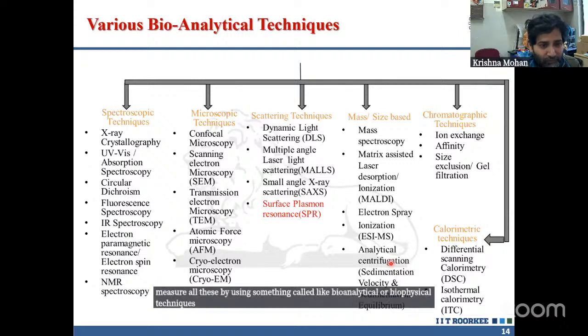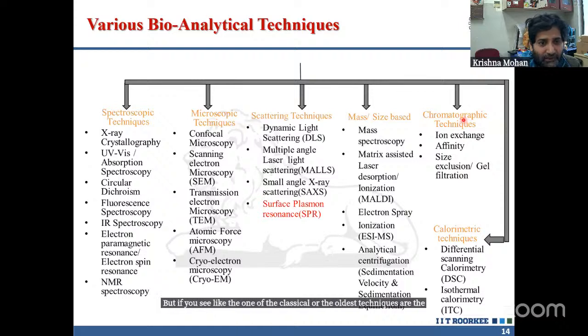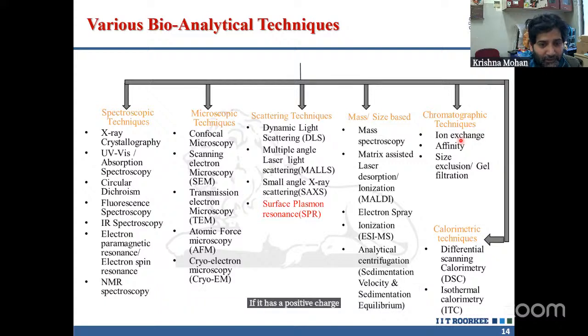We have so many of those techniques, and they have very different principles. We may not explain all the techniques, but one of the classical or oldest are the chromatography techniques, where people use ion exchange. Ion exchange tells you essentially what charge is present on the biomolecule. If it has a positive charge, it binds to a negatively charged resin.